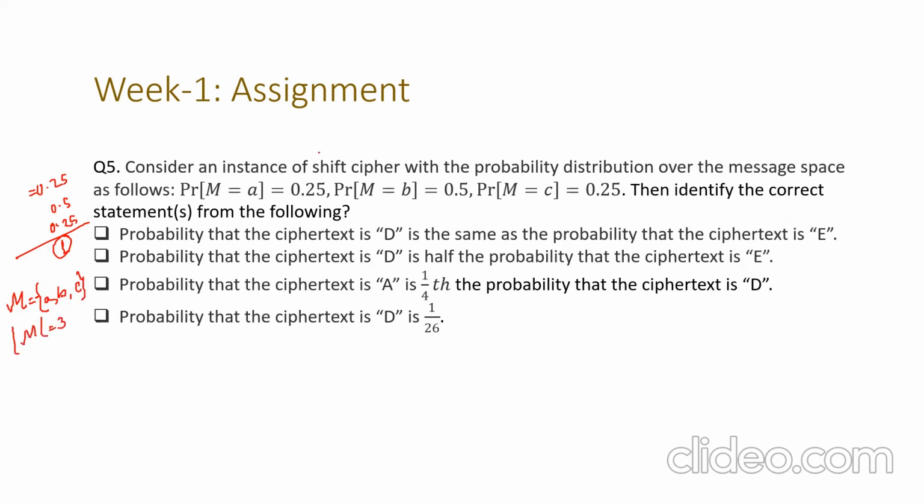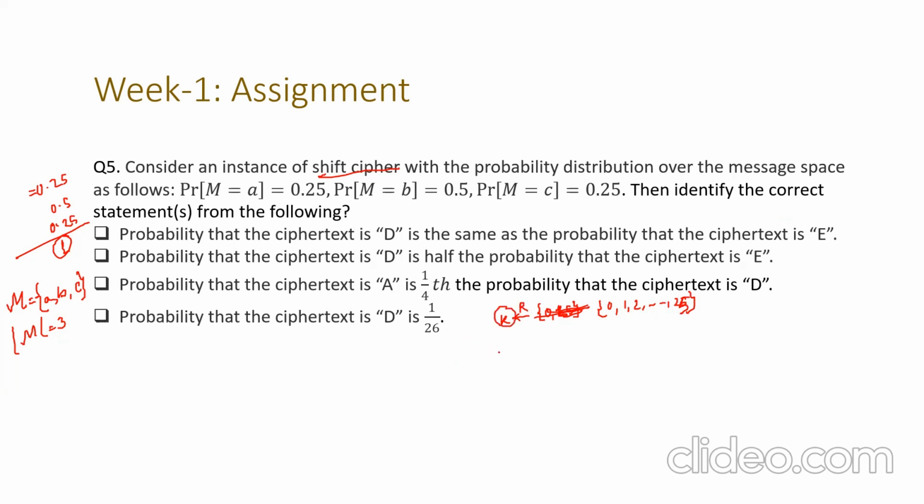Now, this is a shift cipher. So what is shift cipher? If you remember, in shift cipher we select a key value k from the set 0, 1, 2 till 25, representing the index for the English alphabet A to Z. You choose a key randomly and that key is fixed.